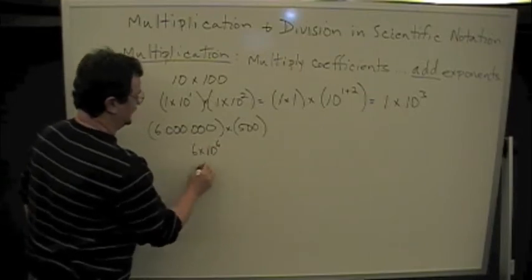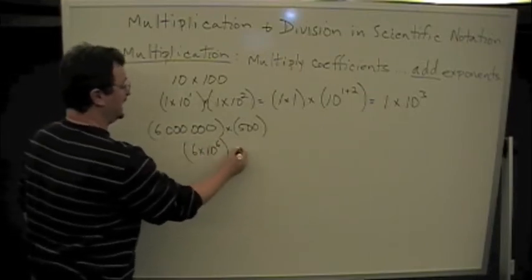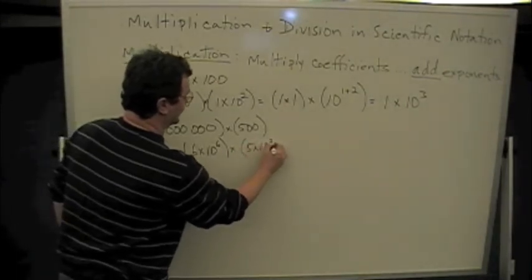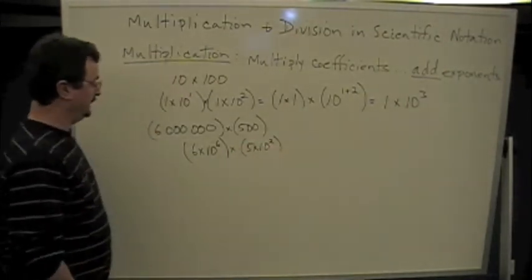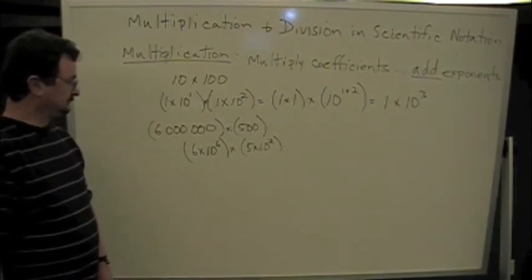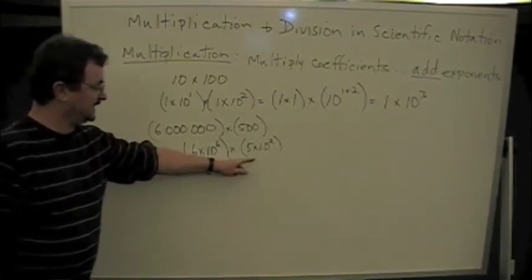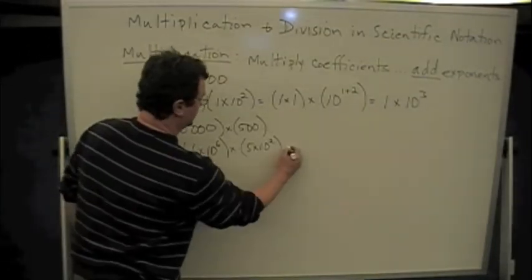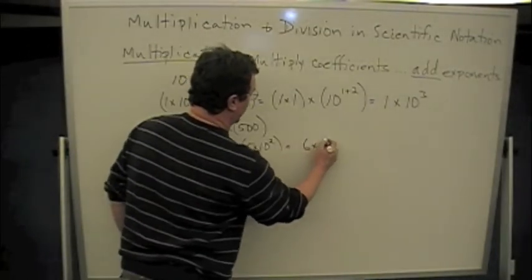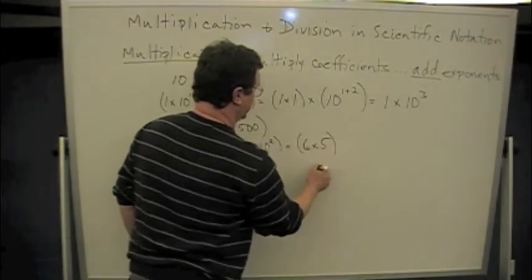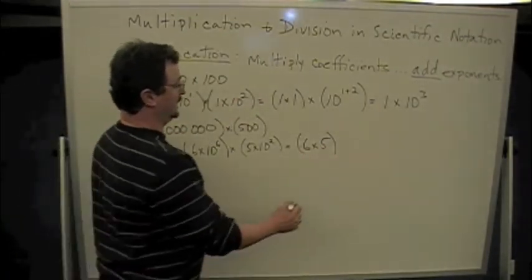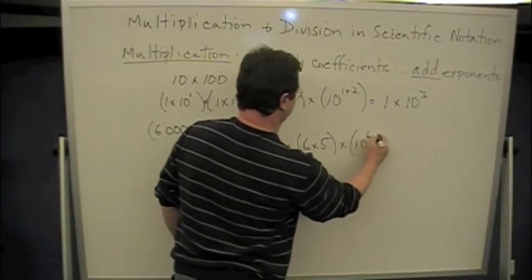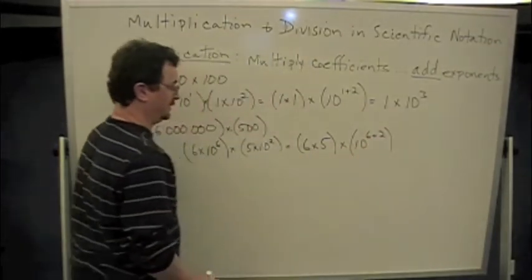And 500 is 5 times 10 to the 2. So you have 6 times 10 to the 6th times 5 times 10 to the 2. So what you end up with is 6 times 5, those are your two coefficients, then times 10 to the 6 plus 2 power.